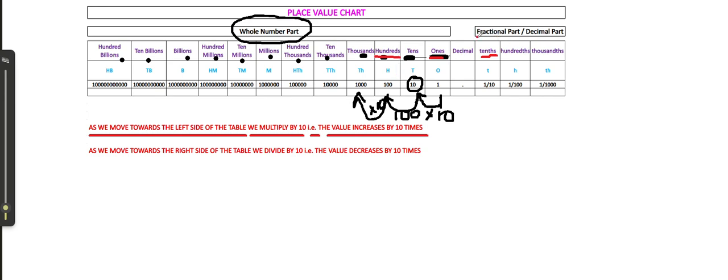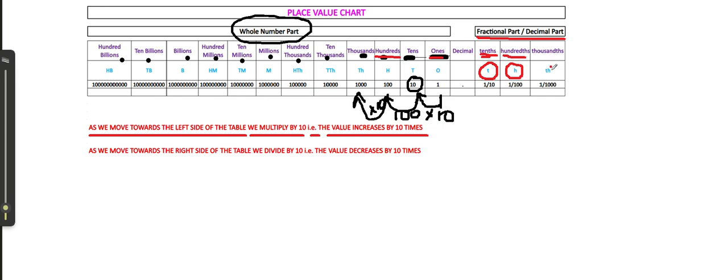But when we are discussing the fractional part or the decimal part, this is how it is distinguished from the whole number part. So this is tenths, not tens. The shortcut is written with a small letter t. For the hundredths place, it is written with a small letter h.